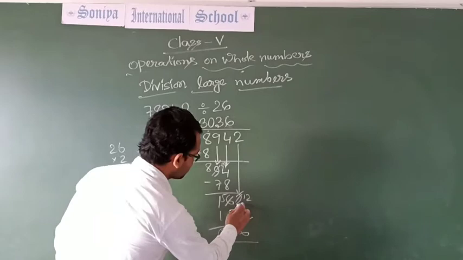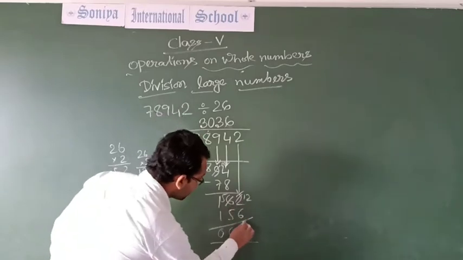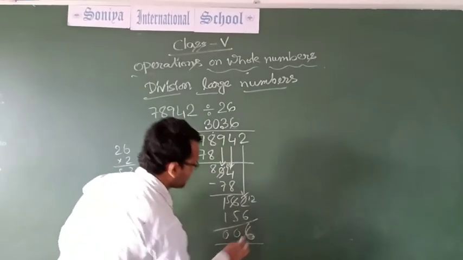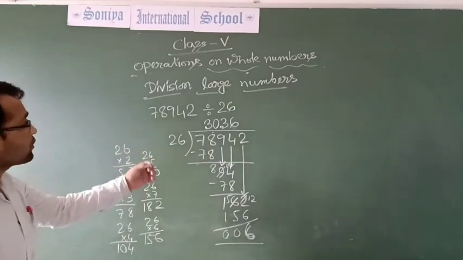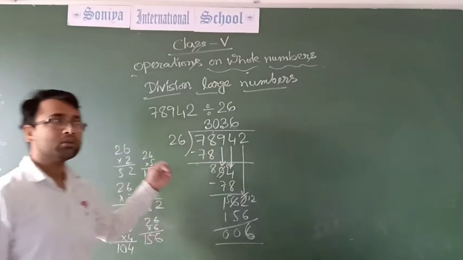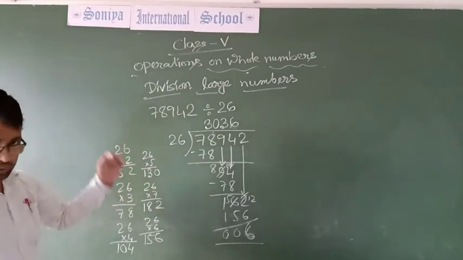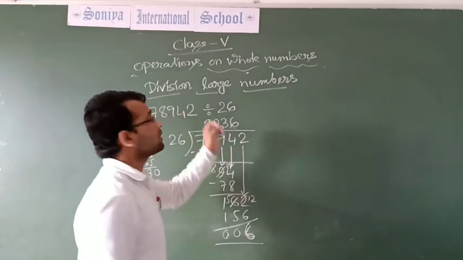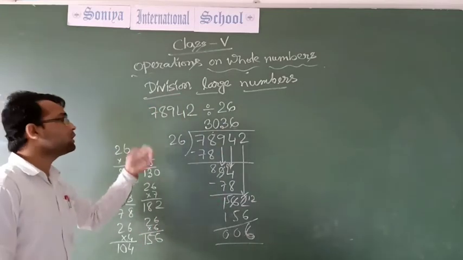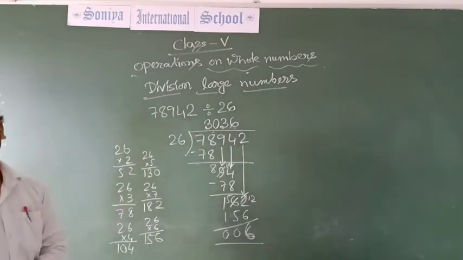Okay, so the remainder is 6. So follow these steps and you will solve large numbers divided by two digits or three digits.